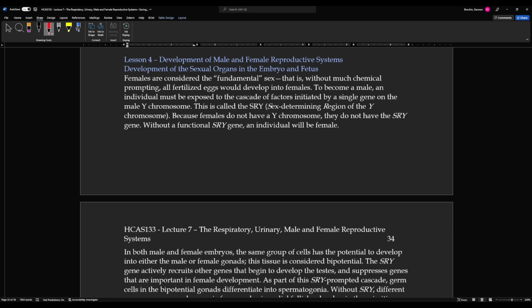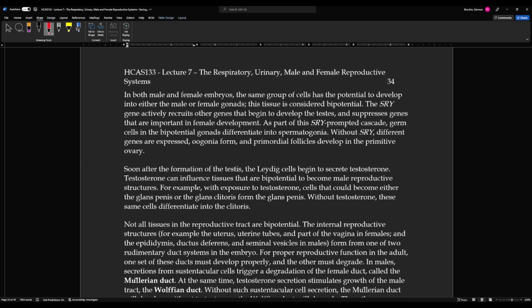There's a special region of the Y chromosome, which is only available on males. It's the sex-determining region, the SRY. Females don't have one, so that gene exists to regulate this process.